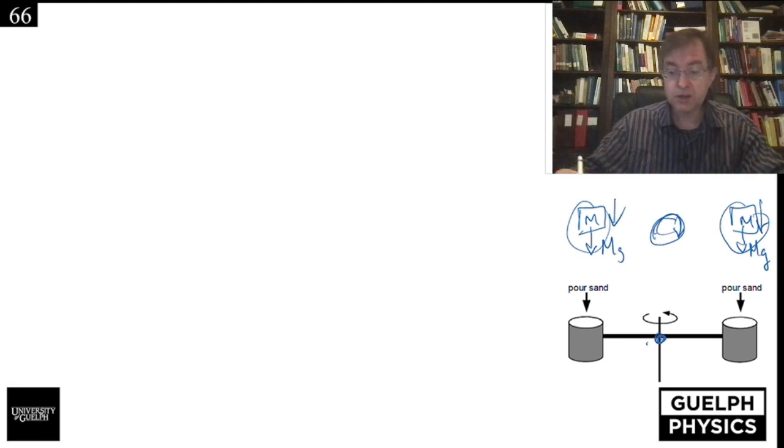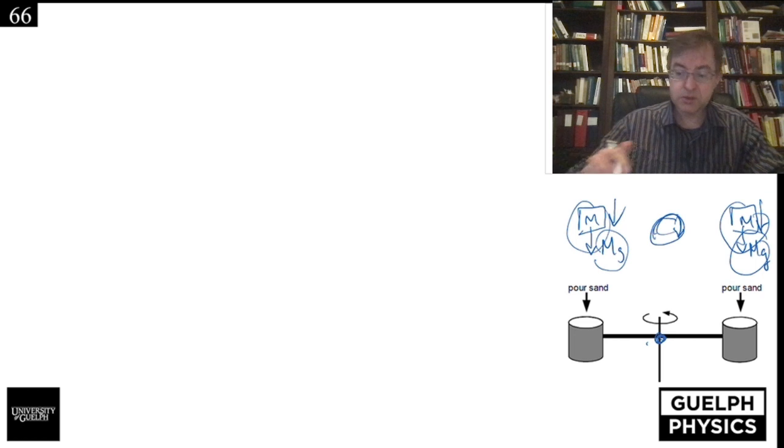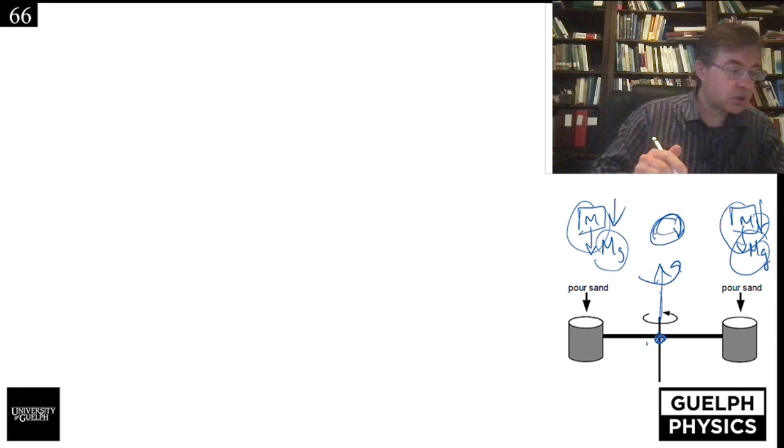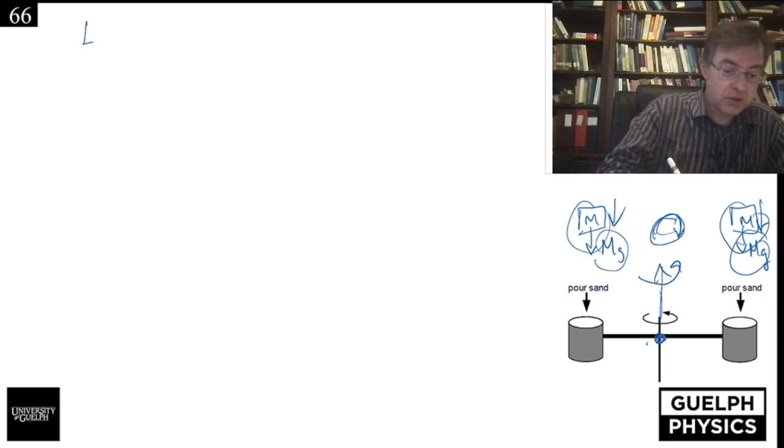And so in fact, the extra gravitational force acting on the mass produces no external torque on the system, and certainly no external torque that's going to cause an angular acceleration around this vertical axis.